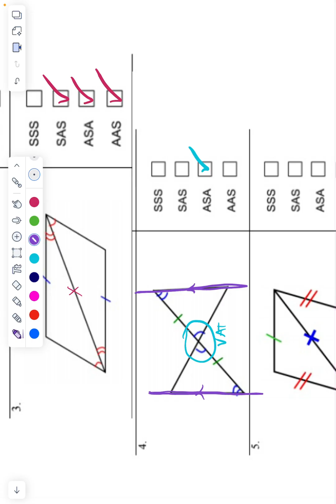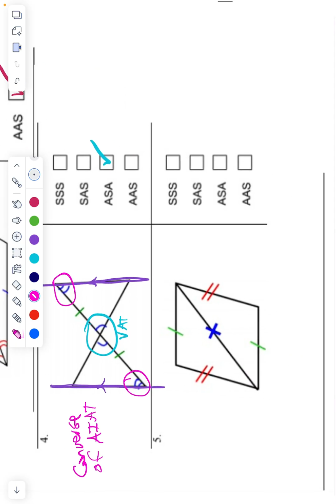To positively confirm that they are and prove it? Yeah, we do. These two angles, here and here, so we could say converse of what? Alternate interior. Awesome, good job. Alternate interior angles theorem. If we needed to prove those lines are parallel, we could. Okay?